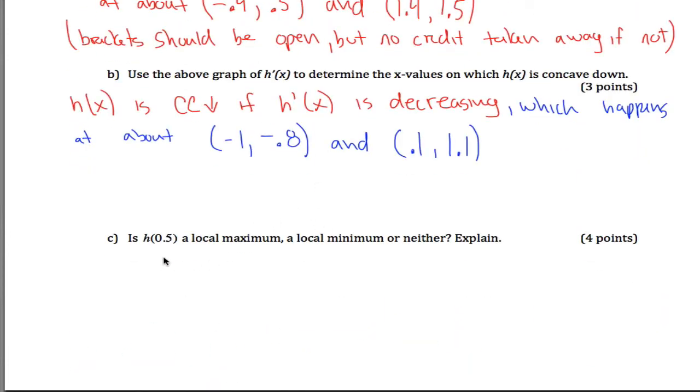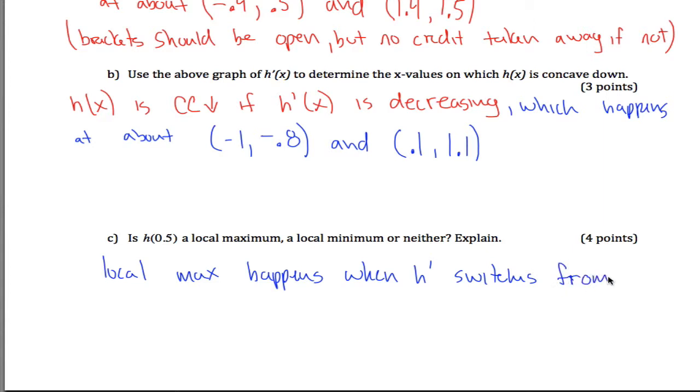Is h of 0.5 a local maximum, a local minimum, or neither? Local max happens when h prime switches from, let's see, if it's a maximum, from positive to negative.